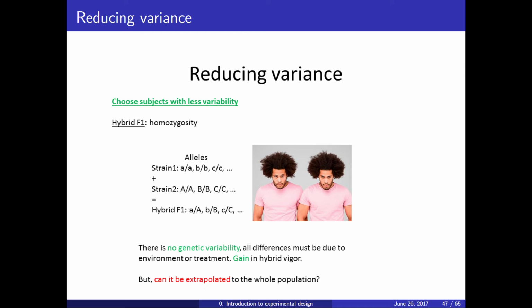Again, all of the animals are the same, so there is no genetic variability, but they have gained something called hybrid vigor, so they reproduce better, they resist diseases better, and so on. Still, whatever you have found here can hardly be extrapolated to the whole population. You have seen these results in twins, so probably they cannot be very much extrapolated.